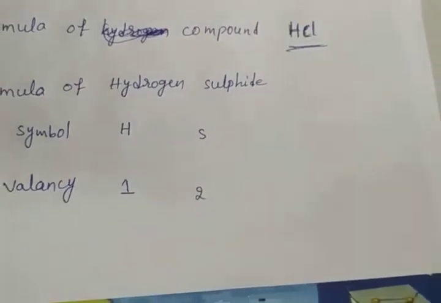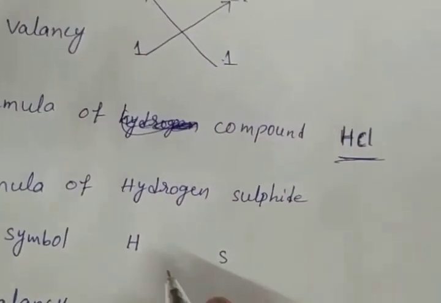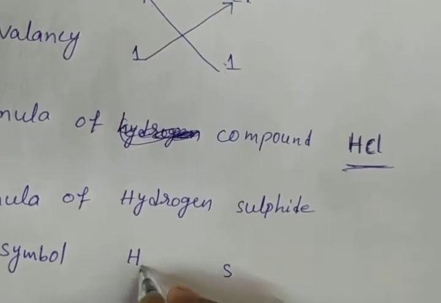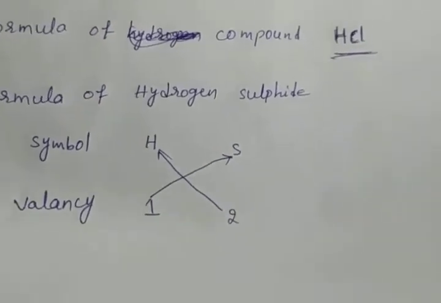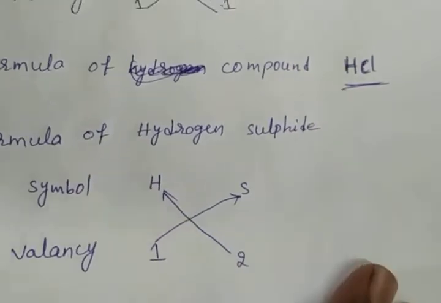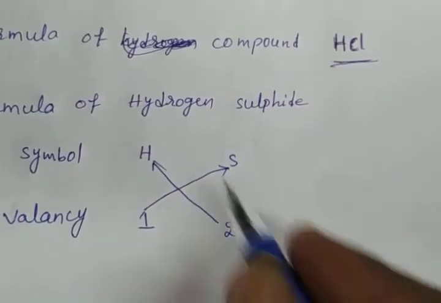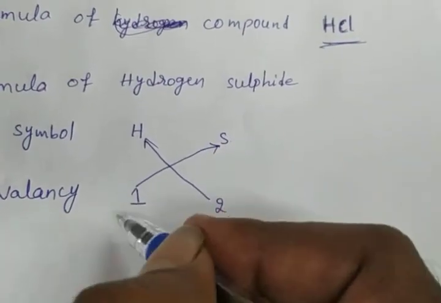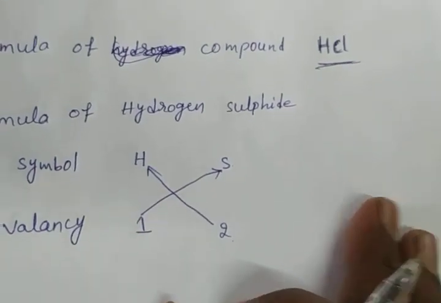Now we know the symbol and valency. What can we do here? Crisscross, cross over the valencies of the combining atoms. After the crossover, what will happen? Hydrogen 2, sulfide 1.